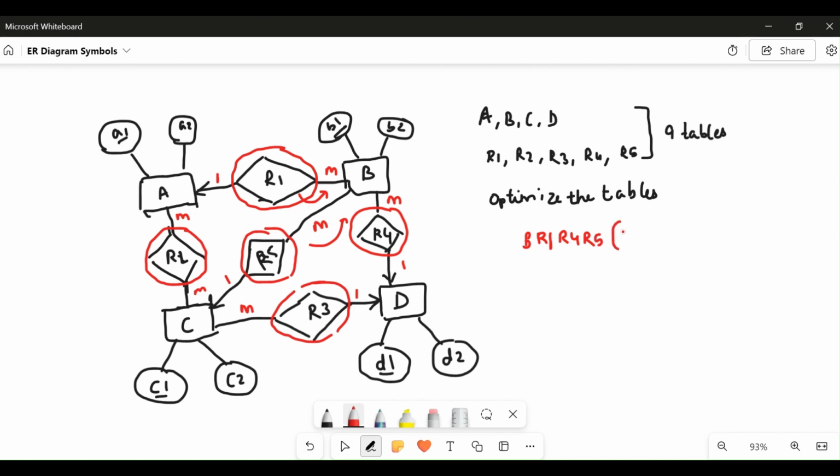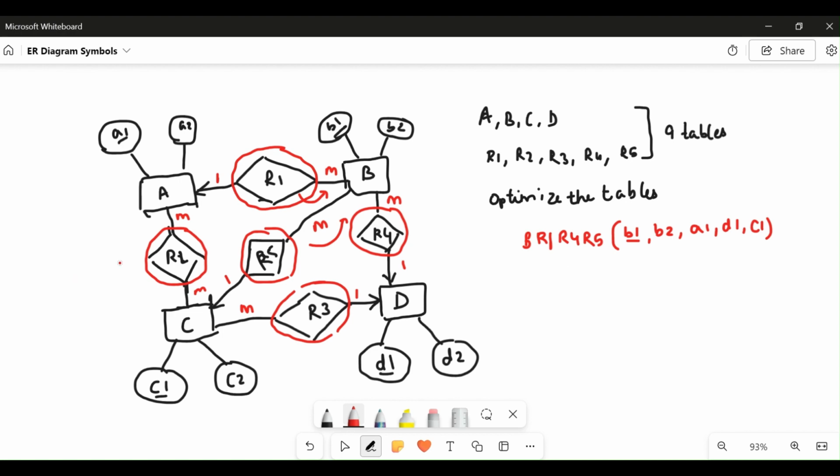So this will form like B1, comma B2. Then I have A1, comma D1, comma C. So we have clubbed R1, R5, and R4.